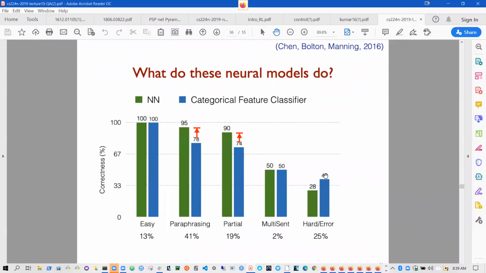And I was also wondering about the partial one. The reason for the neural network doing better, is it because it has extra information? If it's not there in the passage, then it must be getting that from somewhere, or is it able to make some kind of leaps in logic, so to speak, from its perspective?